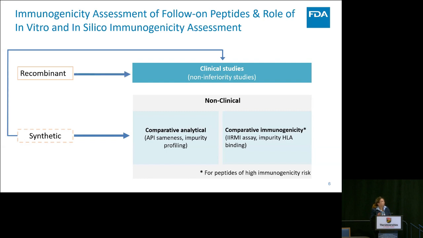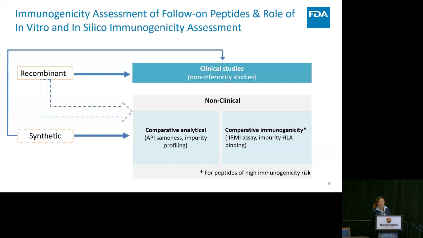Now, for follow-on peptides made recombinantly, typically to date, those have been evaluated for immunogenicity risk using clinical study data, simply because these recombinant peptides, as was mentioned, have been considered a little more complex and less clean than synthetic products.